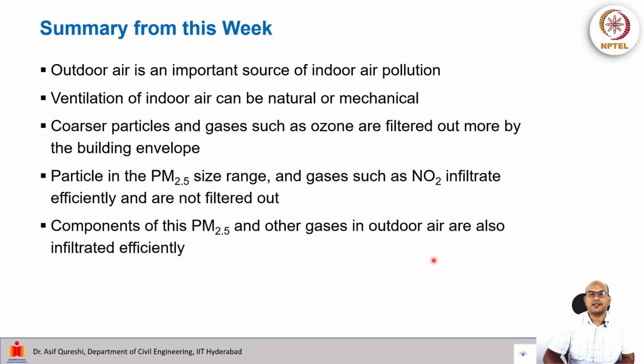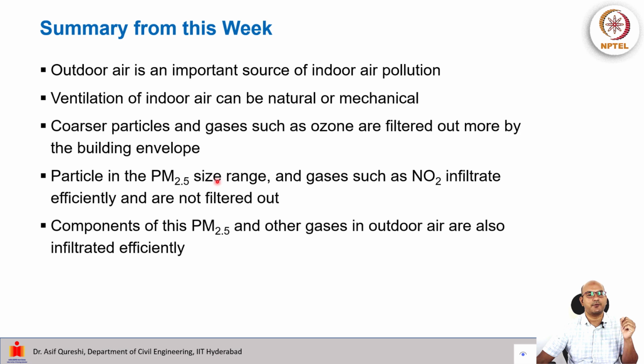So now we can summarize this particular week. We have seen that outdoor air is an important source of indoor air pollution. The ventilation of indoor air can be through natural means, solar chimneys or windows, or mechanical through fans. Coarser particles and gases such as ozone can be filtered out more by the building envelope by various processes.